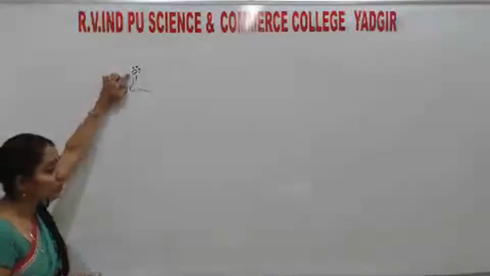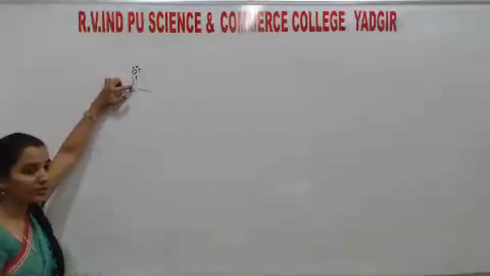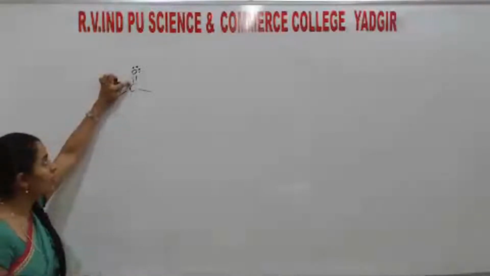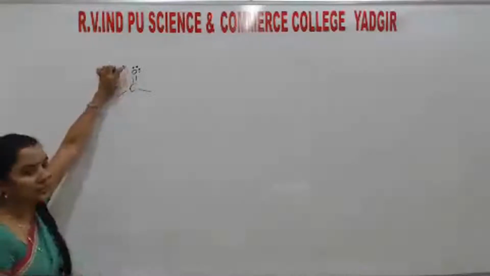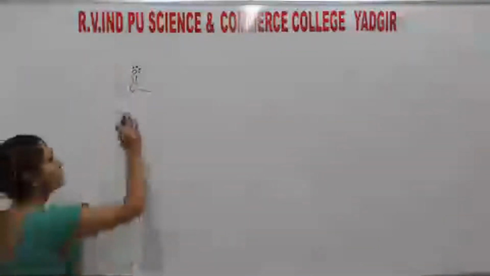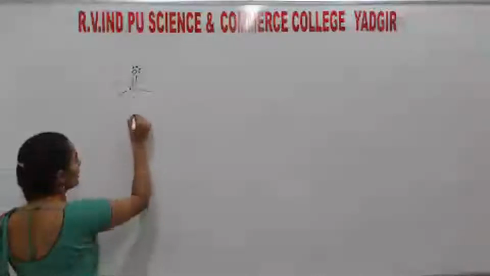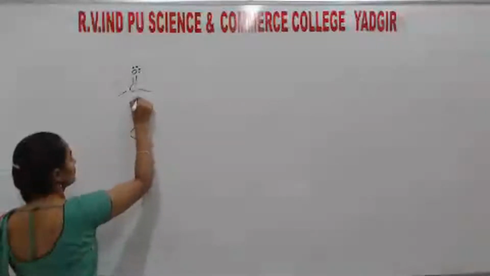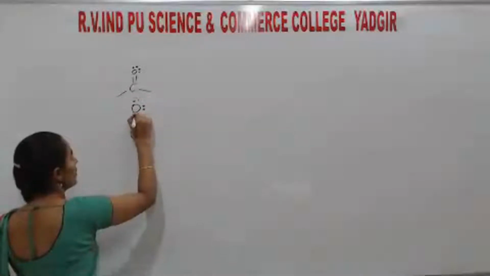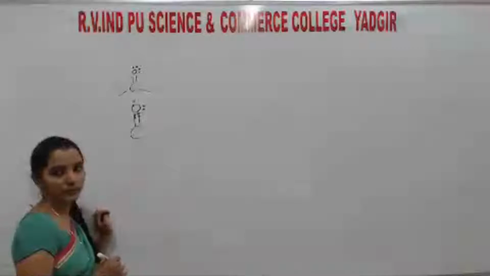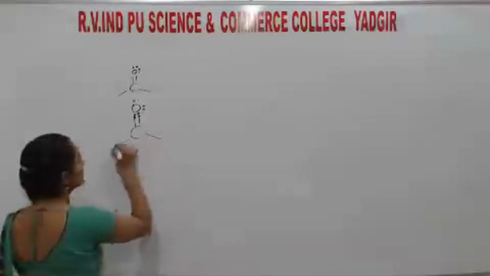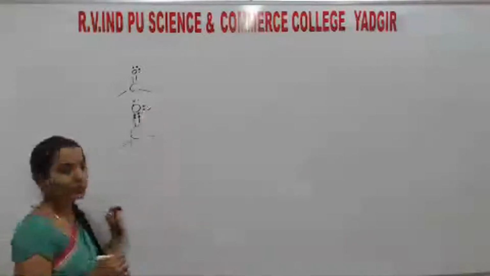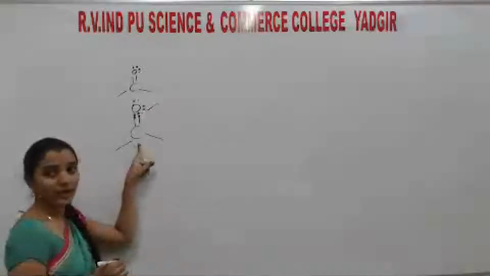So this oxygen has the capacity to attract the pair of electrons of carbon towards itself. The electrons of carbon and oxygen lie toward oxygen, because oxygen is highly electronegative and carbon is comparatively electropositive.